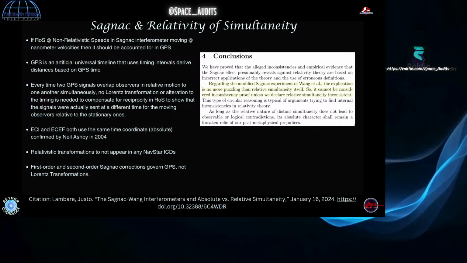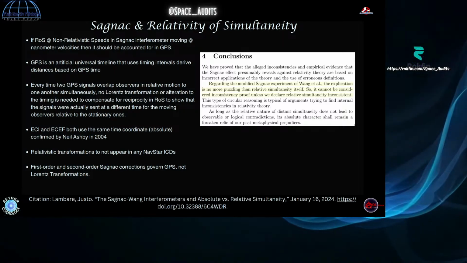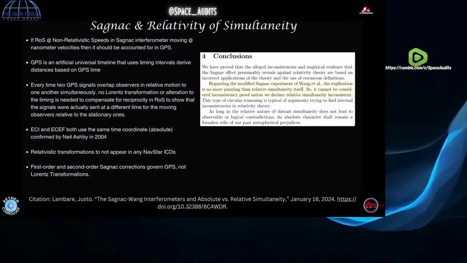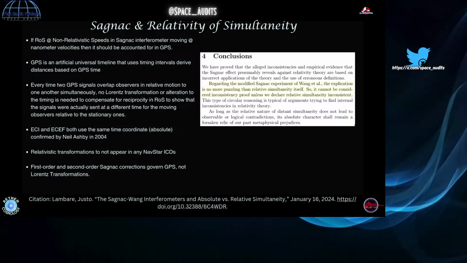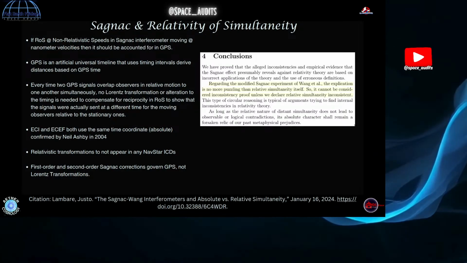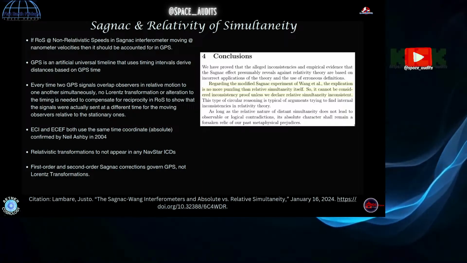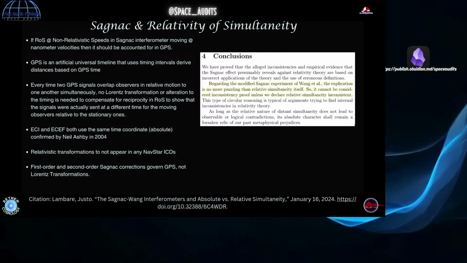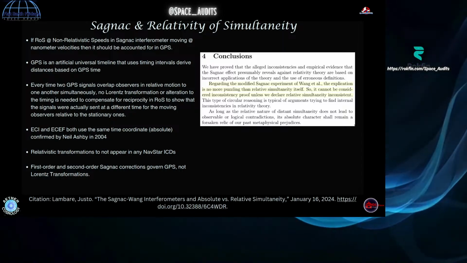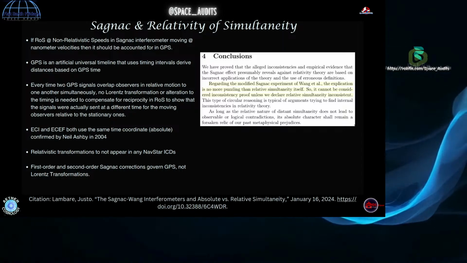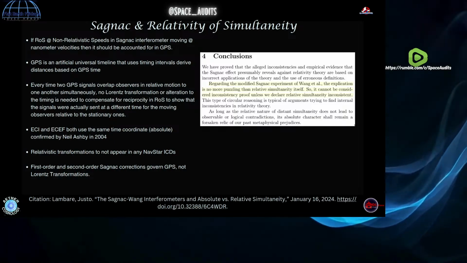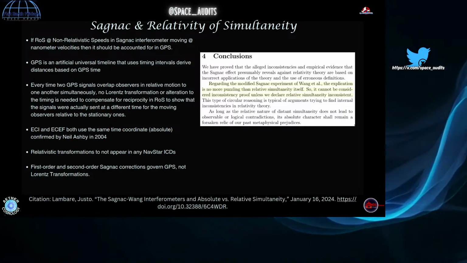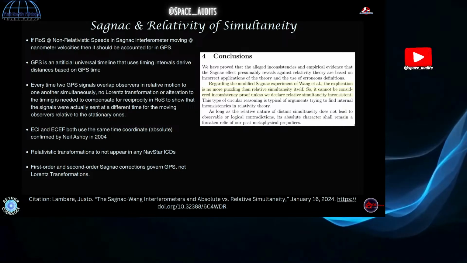So let's assume that relativity is true and there's no absolute time, but through corrections and a lot of ingenuity, we've established GPS time, which is a universal timeline that everything can be relative to, that we can synchronize all our devices to, and maintain a consistent timeline.